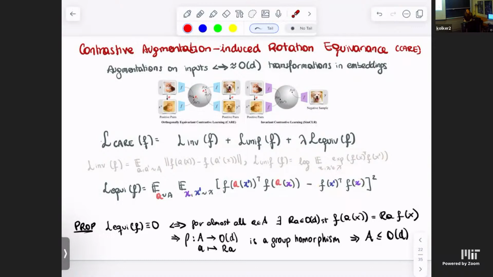This is nice because you can do it in terms of pairs of objects, as people are used to in contrastive learning, right? But if you wanted to do it with respect to SO(d), then you would need to add a lot of things that you don't want to do, right?